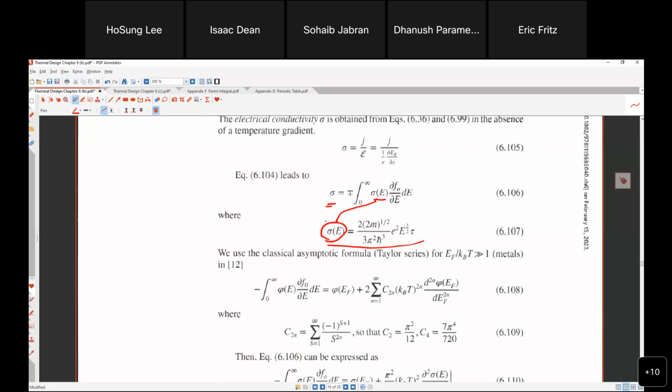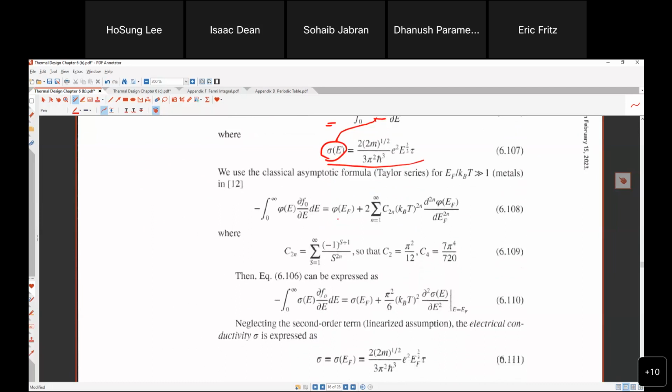So we have an expression for electrical conductivity, and we use some asymptotic formula, the integral, this kind of forms, in terms of a summation, many series.